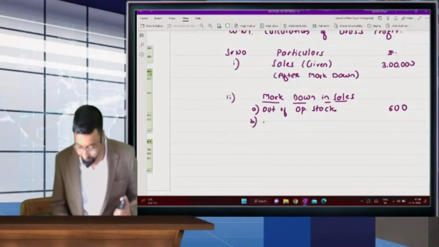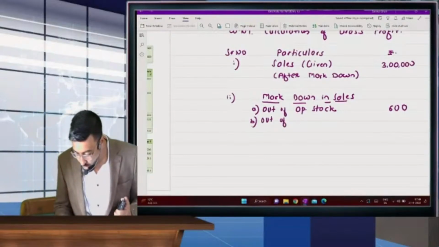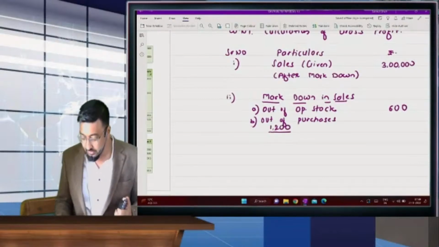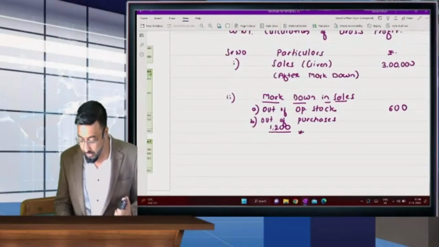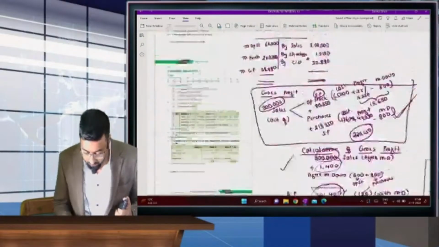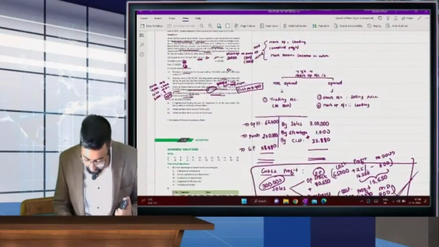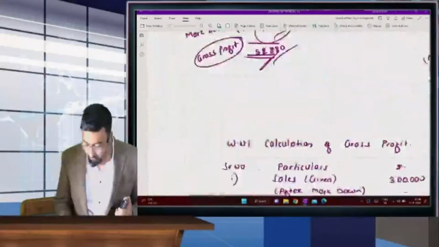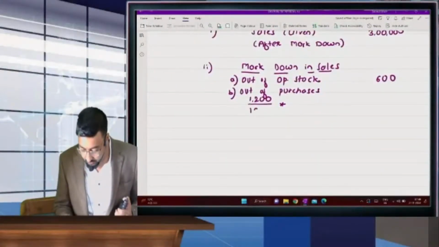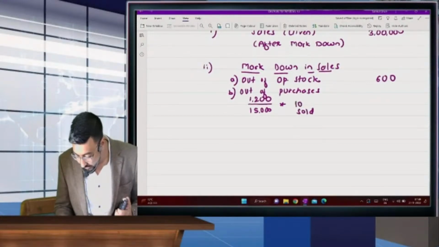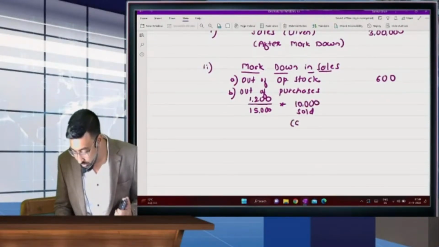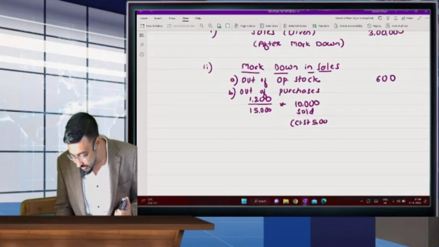And out of purchases. Okay. 1,200 rupees is the loading in purchases of 15,000. Out of this, you sold 10,000. 10,000 because closing stock out of this is 5,000.